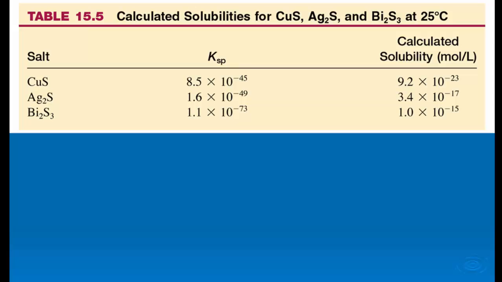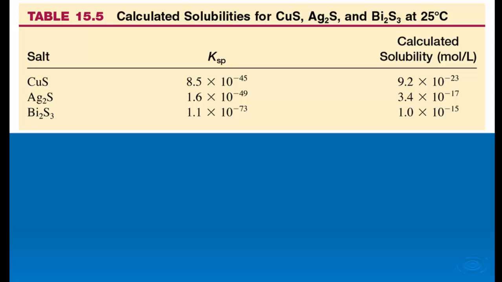But if you calculate the molar solubility, the X value for each of these salts, you see that actually Bi2S3 has the greatest solubility. It's the most soluble of all 3 of those salts. So you can't compare solubilities of salts that have different numbers of ions by looking at just KSP. You have to calculate X.